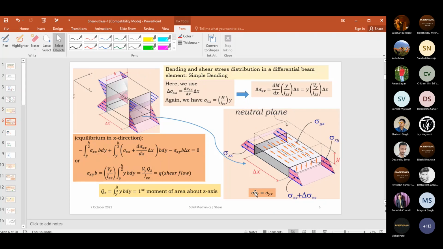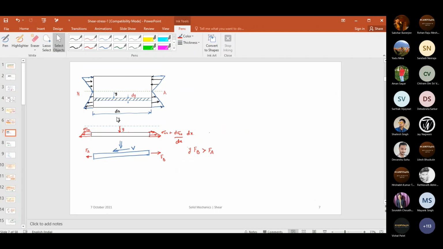Now before coming to this picture, let me come to this picture. This is the dx distance you have taken of the beam. Now to make it more clear, I have considered this diagram.